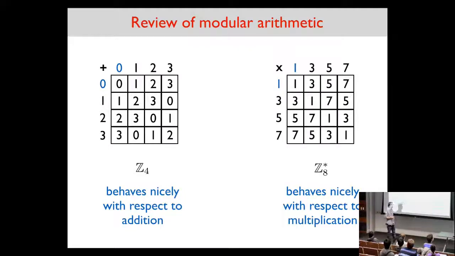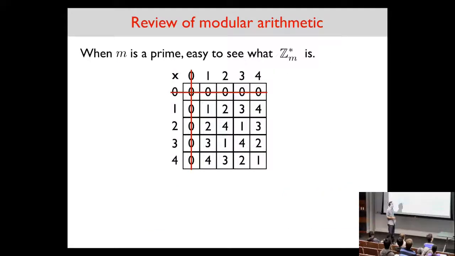Just like Z4, when we looked at Z4, it behaves nicely with respect to addition. Everything has an inverse. The rows and columns are like permutations of the elements. Zm star, in this example, Z8 star for example, behaves very nicely with respect to multiplication. Everything has an inverse. The rows and columns are permutations of the elements.